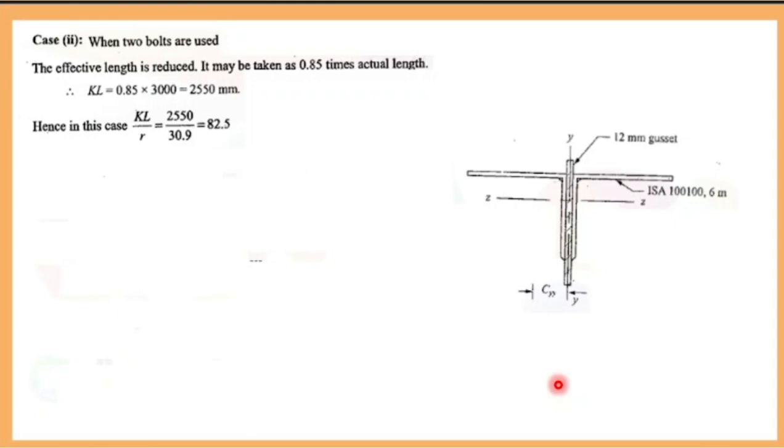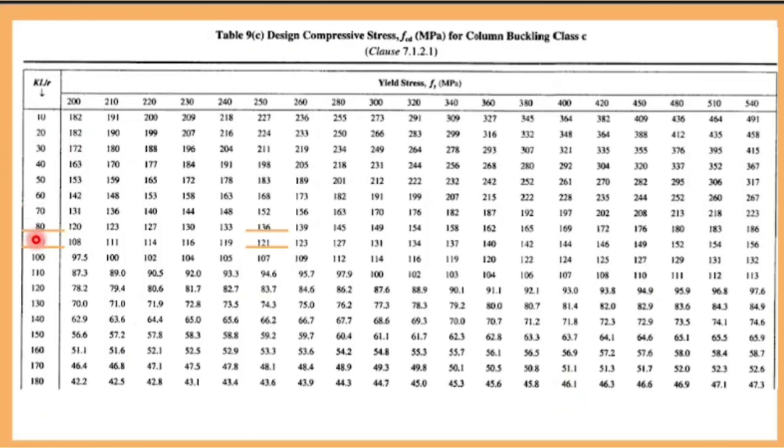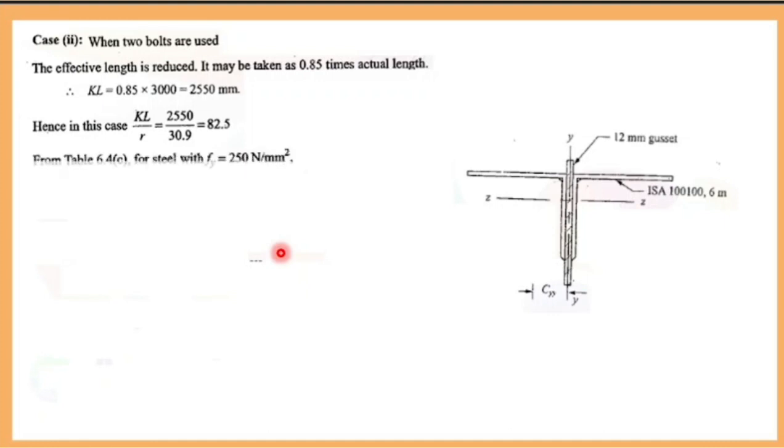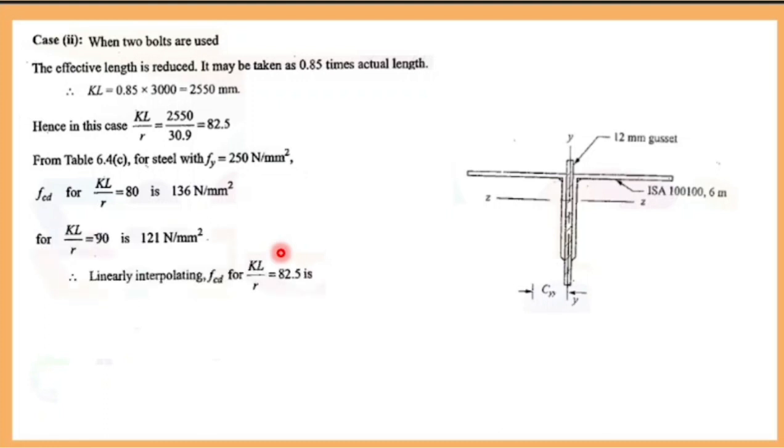Now you can check the same table. For 80 it is 136, for 90 it is 121.